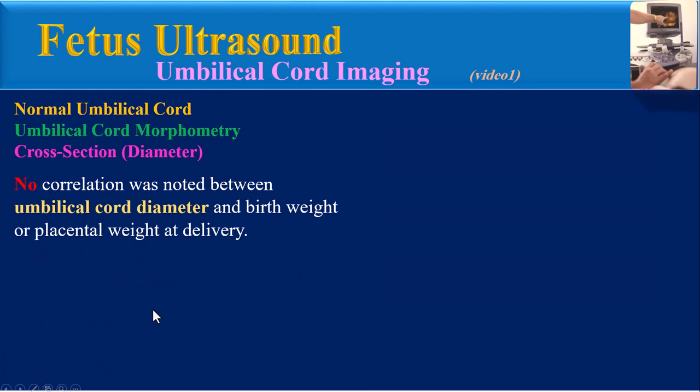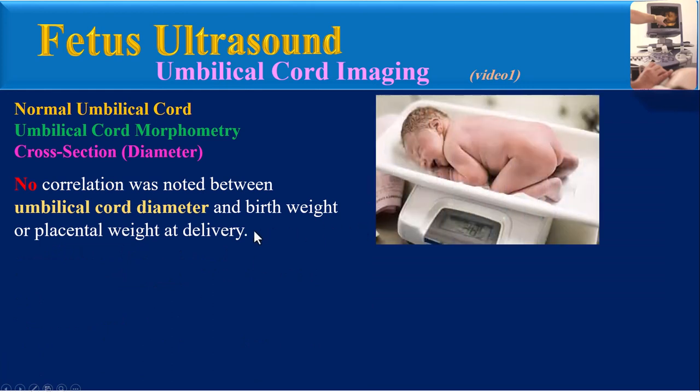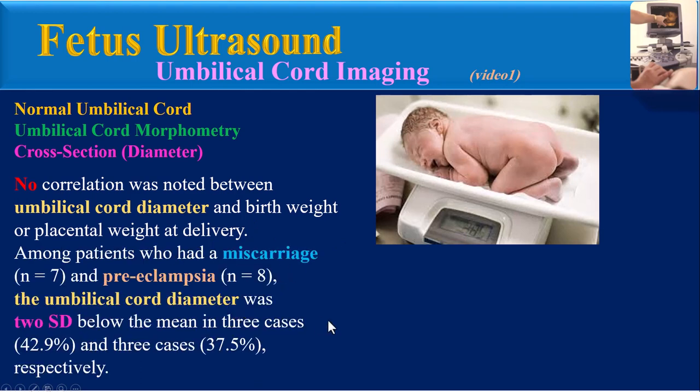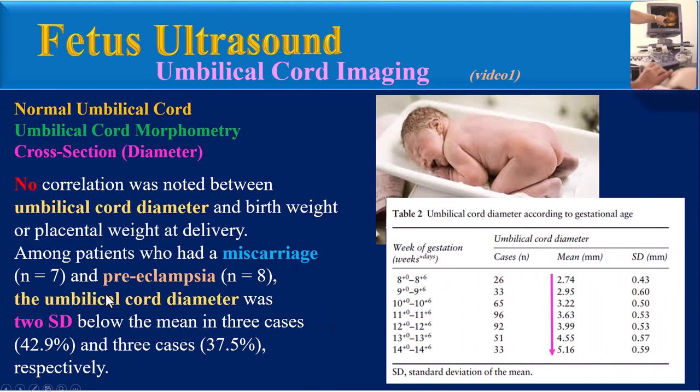No correlation was noted between umbilical cord diameter and birth weight or placental weight at delivery. Among patients who had a miscarriage and preeclampsia, the umbilical cord diameter was 2 standard deviations below the mean in 3 cases of both of them.